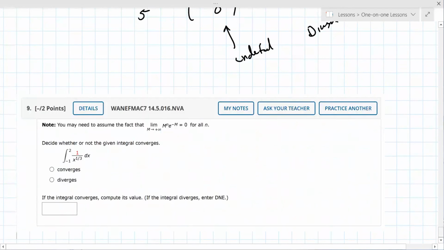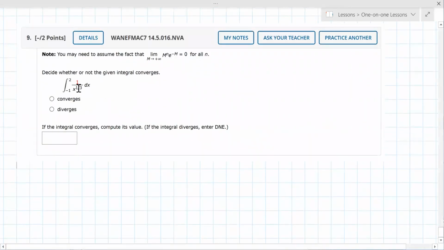Okay, this one here, if you were to look at the graph of 1 over x to the 1/3, you would see it has an issue at 0. 0 is included in this window, so you actually have to turn this into two problems. Minus 1 to 0, 1 over x to the 1/3, plus 0 to 2, 1 over x to the 1/3.